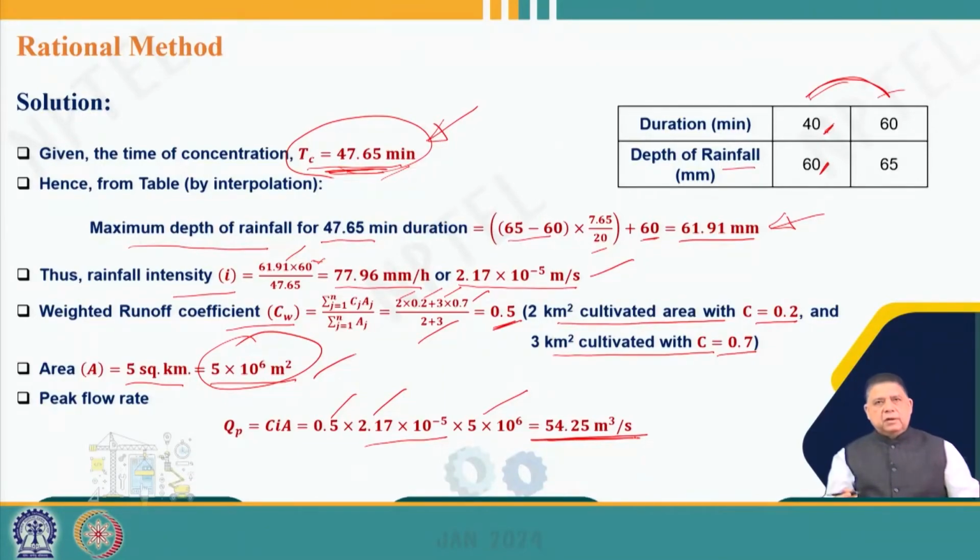So, for the given data, the QP value comes out to be 54.25 cubic meter per second, but here we saw that we needed to get the depth of rainfall corresponding to given time of concentration from the given data. So, this is one variation of the problem which may be asked in examination.